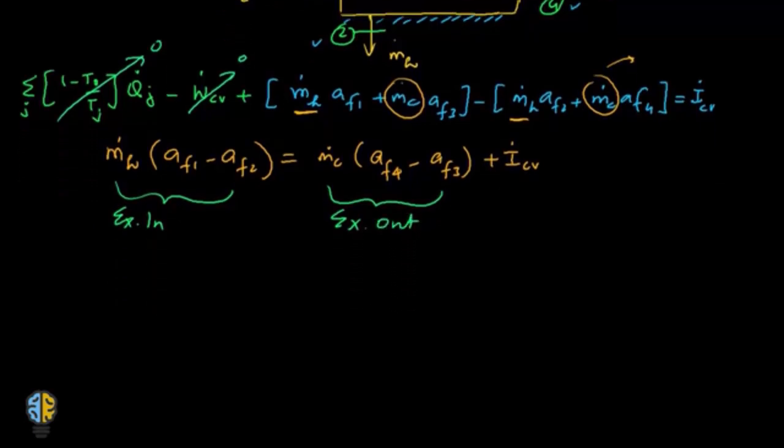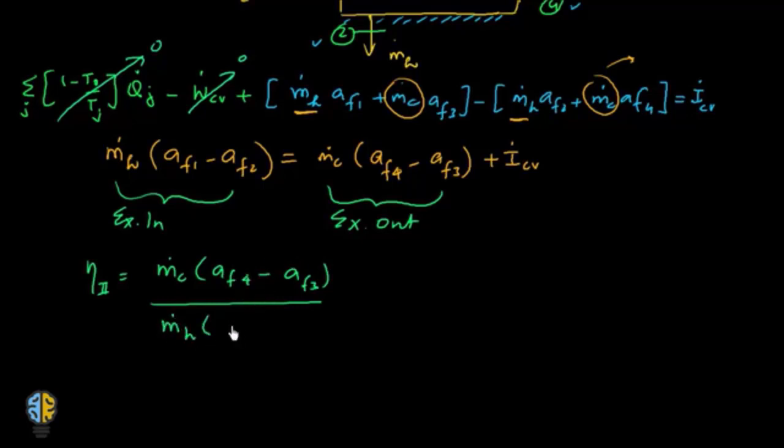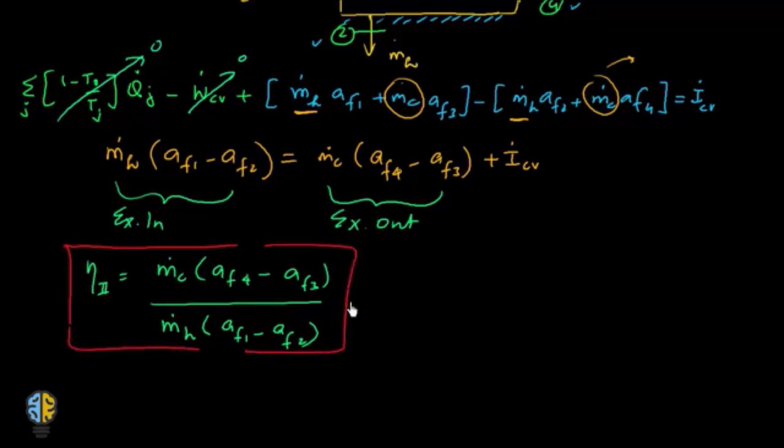Alright, so as per the definition of the second law efficiency, it is exergy out by exergy in, and this will be equal to M dot C into AF4 minus AF3 divided by M dot H into AF1 minus AF2. So this is the equation to note down for the second law efficiency of a heat exchanger. So I hope you understood this analysis as well.